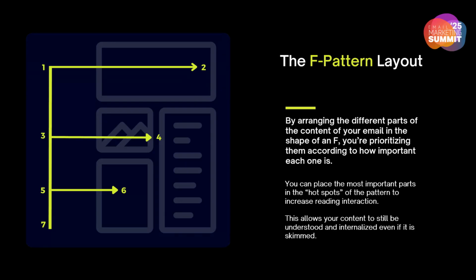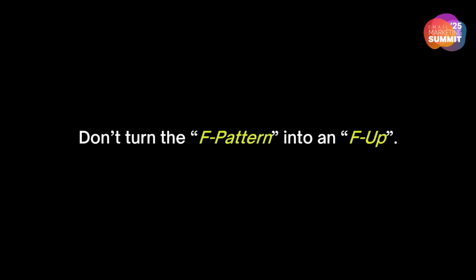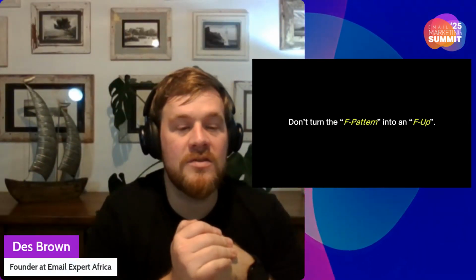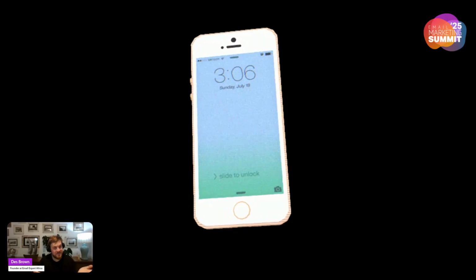Now, with each of these layouts, you have to keep things in mind. And what you don't want to do is turn the F pattern into, you know what, right? These patterns do not work on every device. And this is something you need to carefully consider, because at the end of the day, what most people are reading their emails on are these things.